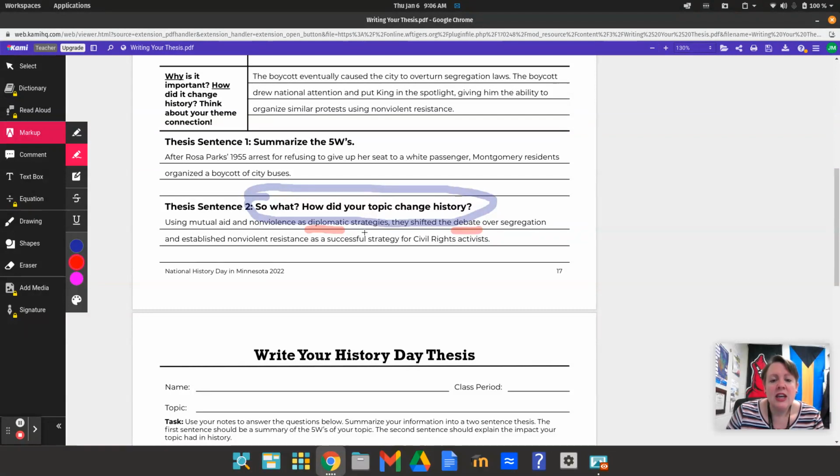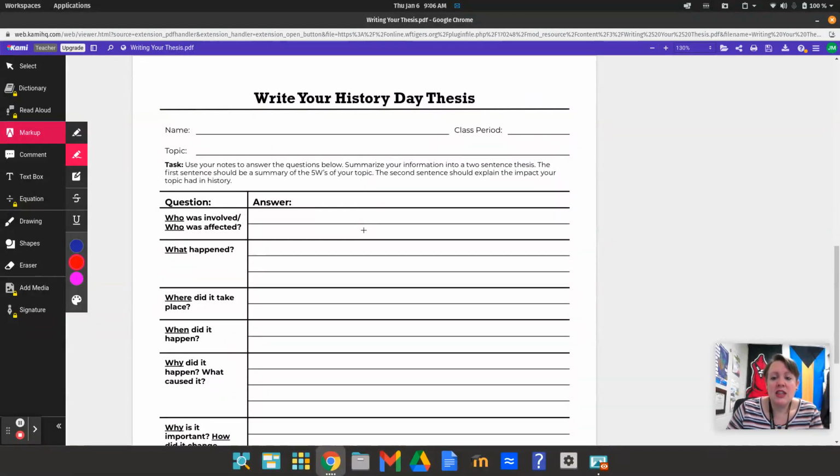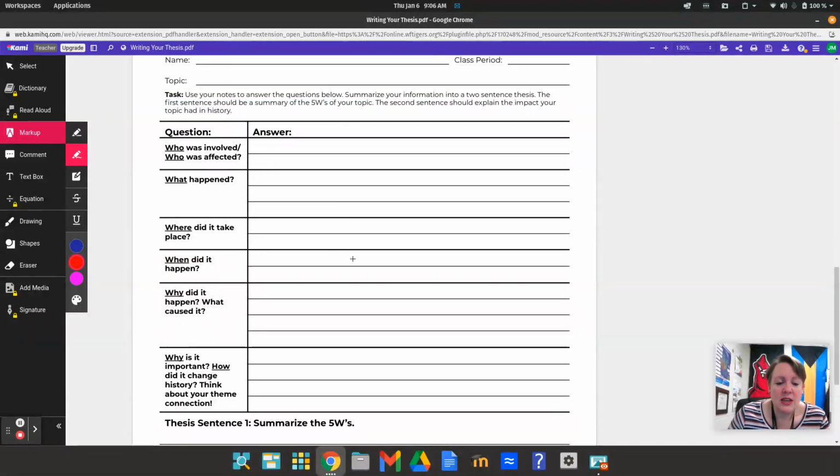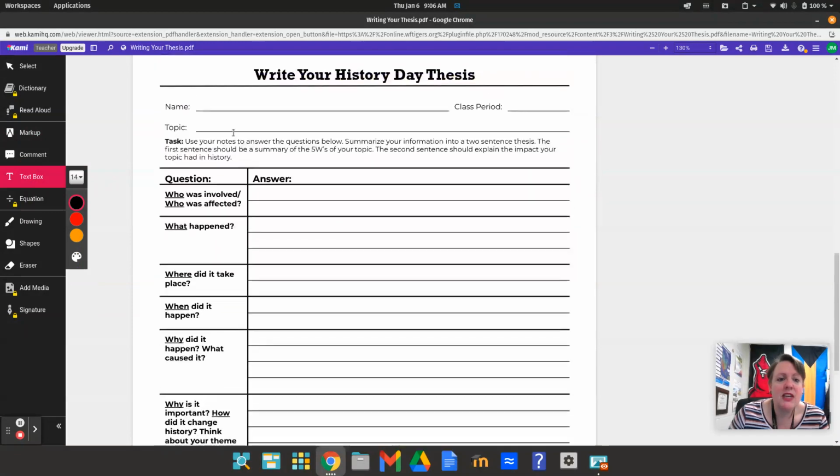All right, so this is what you're going to practice, because this is going to be the driving force for the rest of your project. You're going to do the same thing with your topic, and this is where I want you to do the writing. You're going to put your name up here, then your topic with the text box, and then put your answers here.